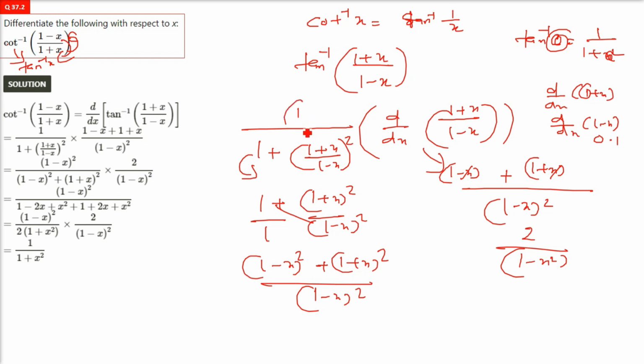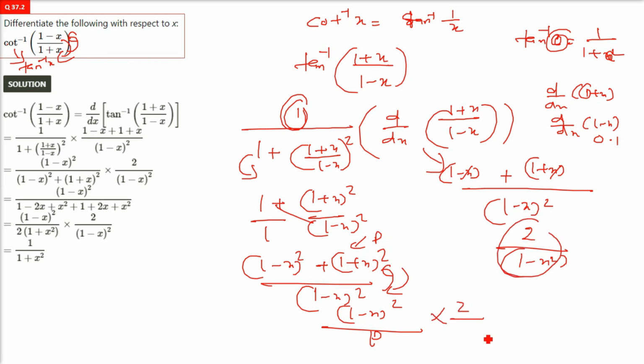So when you actually write it, this (1 minus x) square will go in the numerator. So (1 minus x) square divided by (1 minus x) square. Assume it to be, say, some p term. Total term is p. And this we already did: 2 by (1 minus x) square. Cancel this (1 minus x) square. So 2 divided by p.